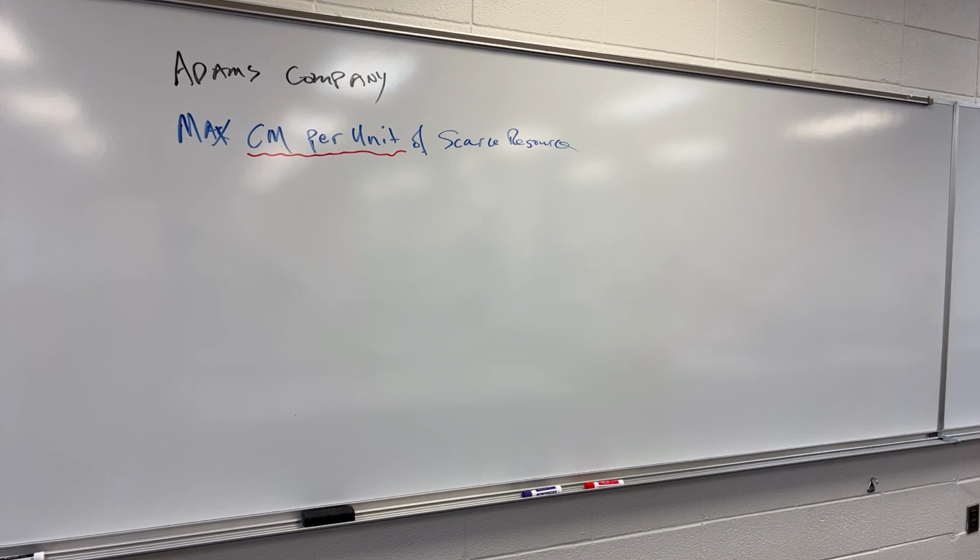So again, Blake, how do we calculate contribution margin on a per unit basis? Selling price per unit minus variable cost per unit, or in total, revenue minus variable costs.